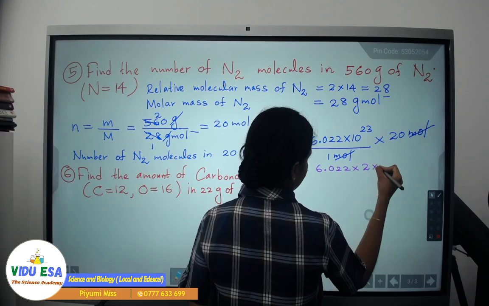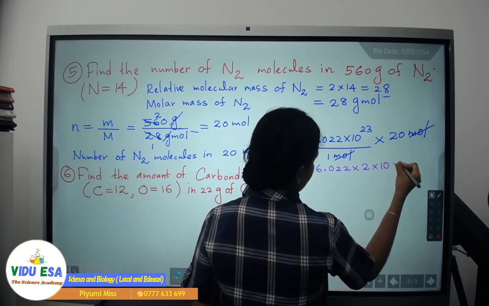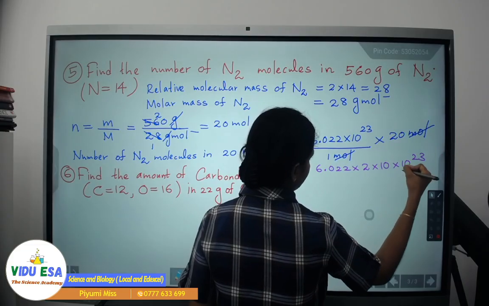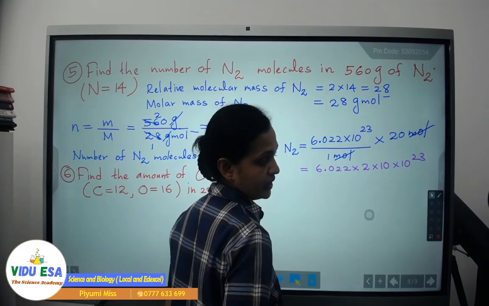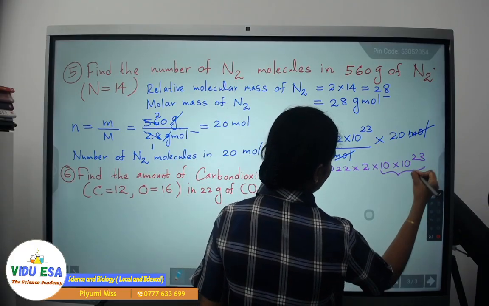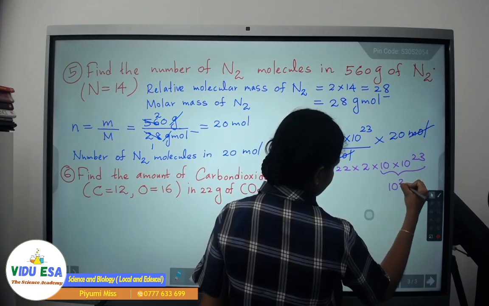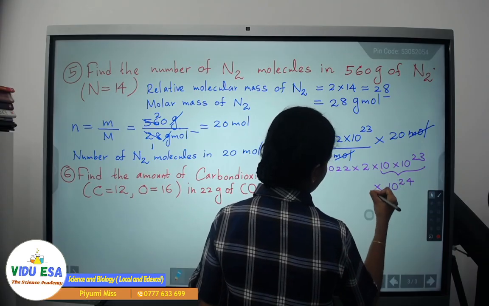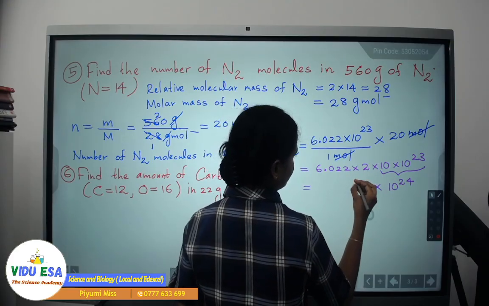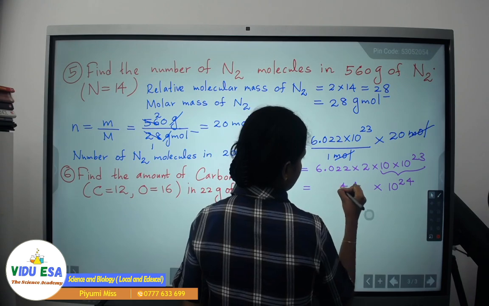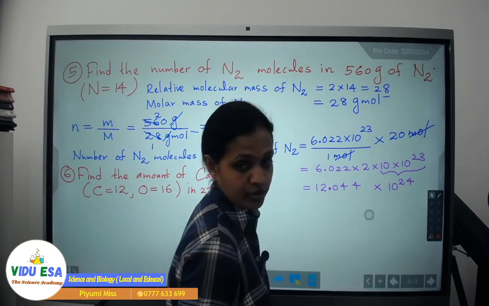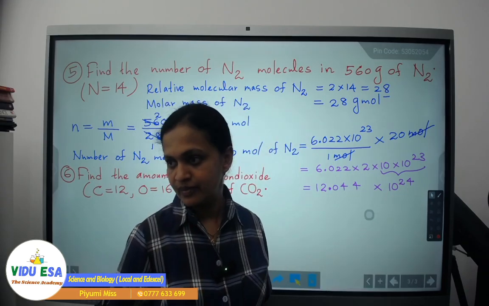I will write 20 as 2 into 10, into 10 to the power 23. Then altogether there is 10 to the power 24. Right? 10 to the power 24. Here the value is 6.022 into 2, that is 12.044 into 10 to the power 24. Right?